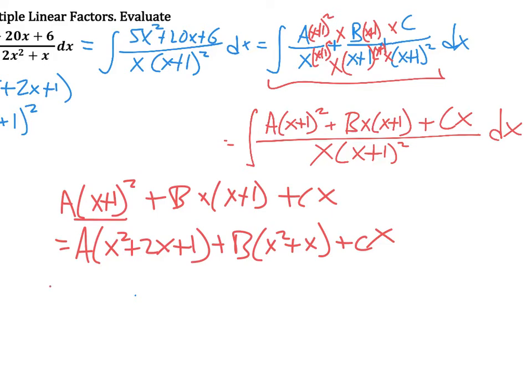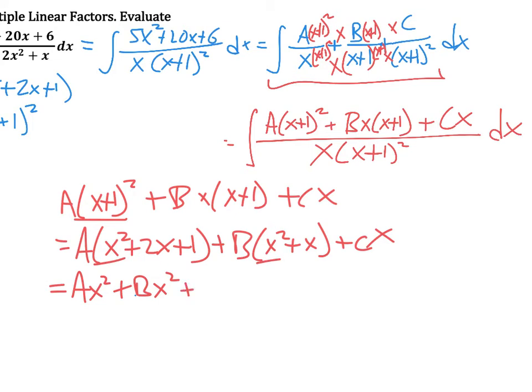And now we're going to distribute here and then get all the like terms together. So we're going to have an ax squared. Going to have a bx squared. You're going to have, that's it. Okay, so that's our x squareds.